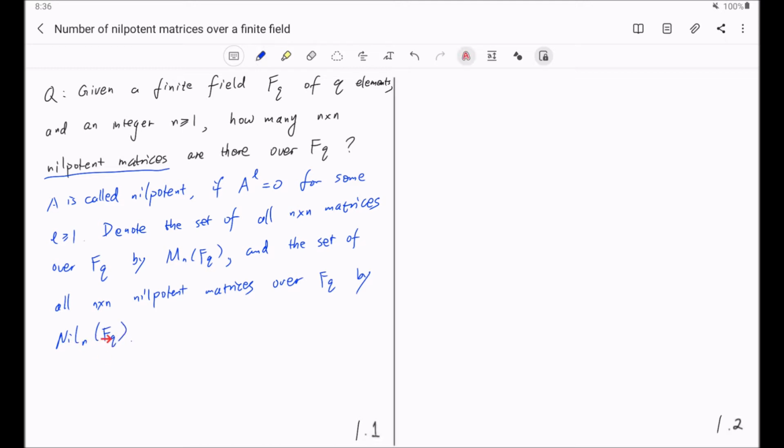So this is our notation for the set of all nilpotent matrices with coefficients in F sub q, this finite field of q elements. And we will use this notation henceforth.